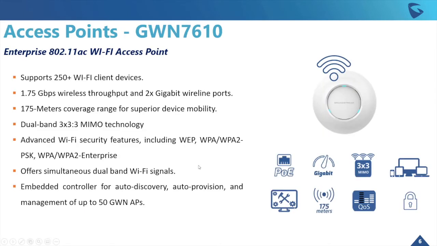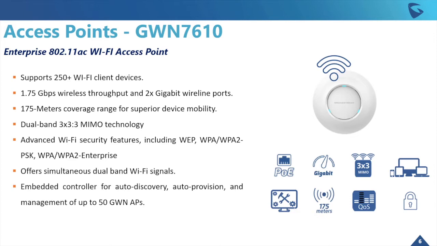So in terms of the technical specifications and capabilities of each model, we start with the Enterprise 802.11ac indoor access point GWN 7610. This model supports more than 250 Wi-Fi concurrent clients. It provides an aggregate throughput of up to 1.75 gigabits per second, and the coverage range of this model extends to approximately 175 meters.